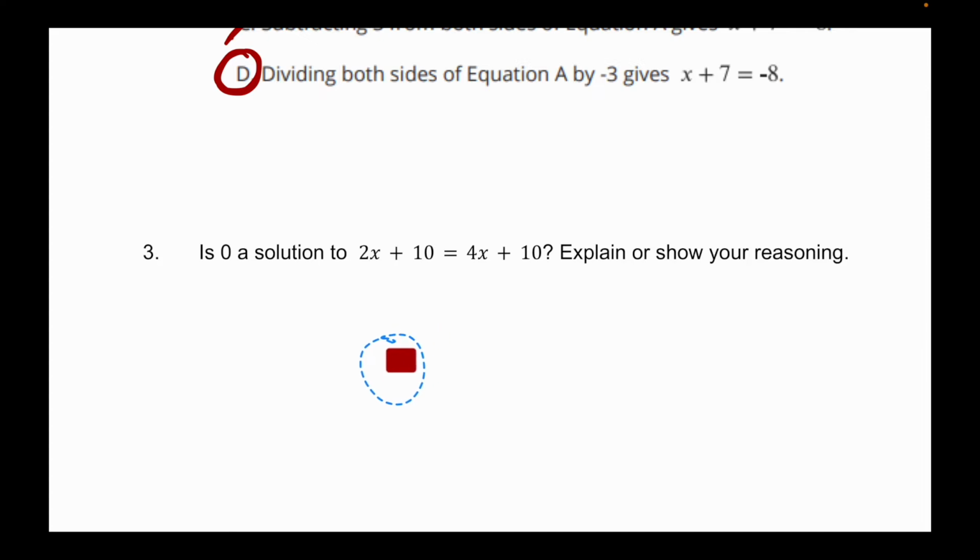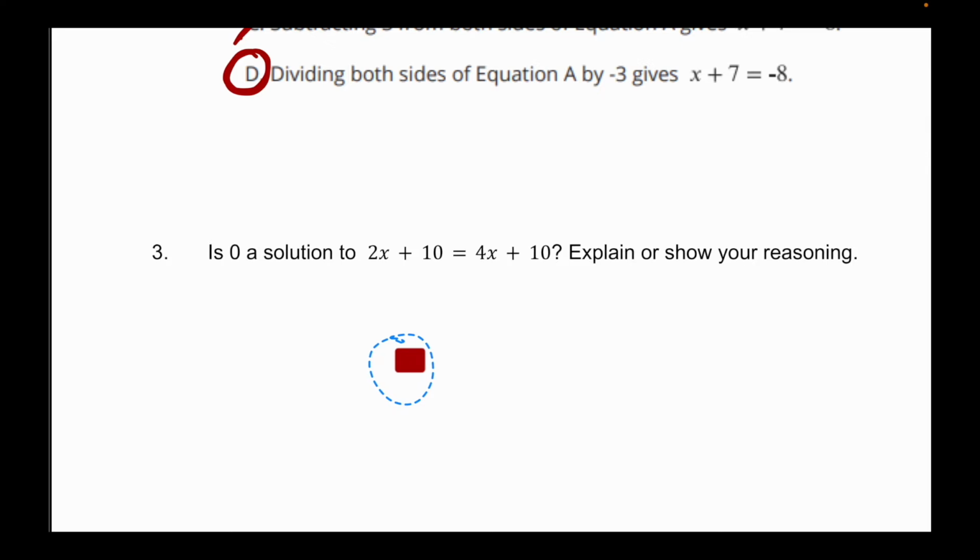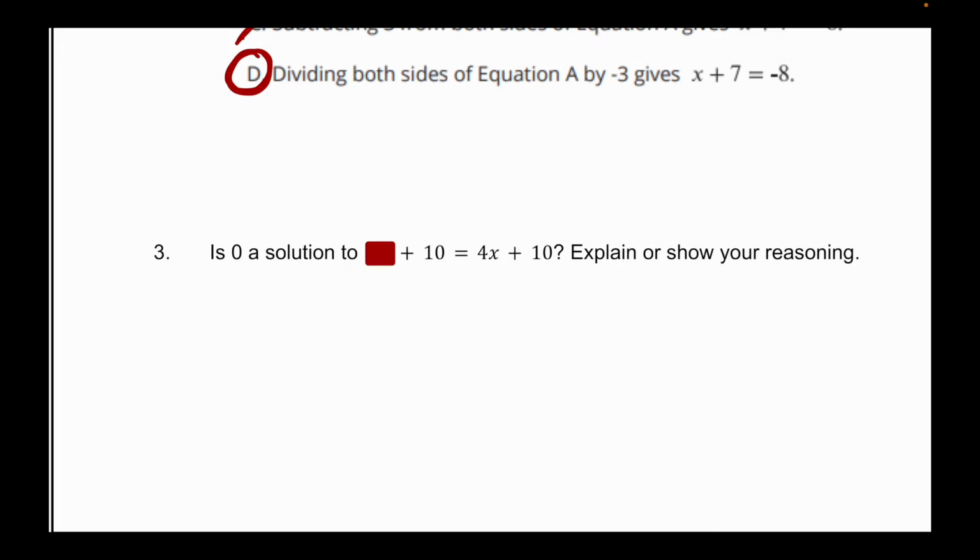So if I plug in 0 and multiply it by something, 0 times anything will make that number 0. Normally I would cover this up with my finger, but I'm going to use this piece here. If I plugged in 0, that would take this term away, and I would just have 10 on the left.